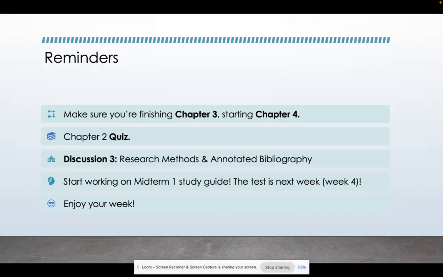Discussion 3 on research methods and annotated bibliography is due this week, Sunday at 11:59 p.m. And within the next couple of days, I will post the study guide for midterm 1. So make sure you're taking notes for that and you're studying and you're preparing and you're asking me questions. Other than that, enjoy your week and I will talk to you all later.